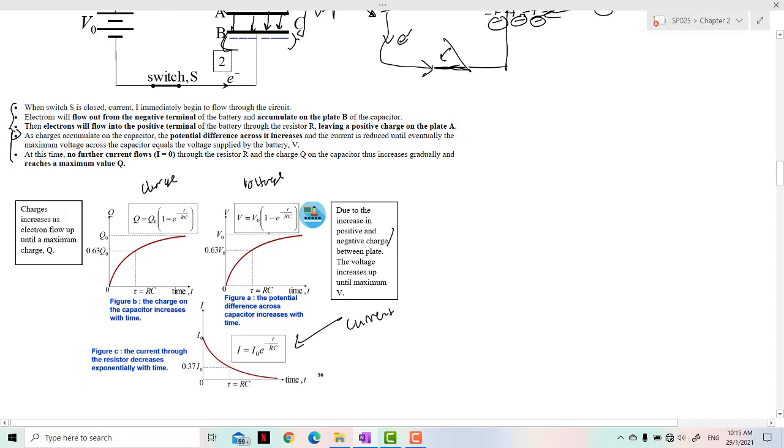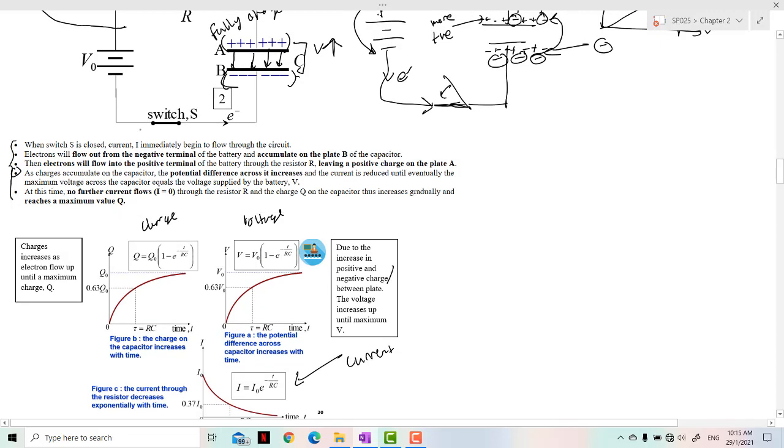Hopefully you can see why the charge increases here. Firstly there is nothing, but when you switch on, charge will flow. The negative charge goes back to plate B, so the charge increases exponentially, and you can write the equation as Q equals Q naught times 1 minus e to the negative t over RC for charging. It's a bit different from discharging later.